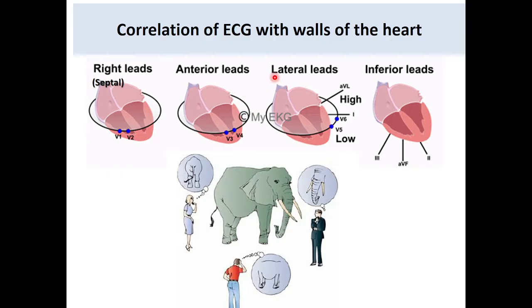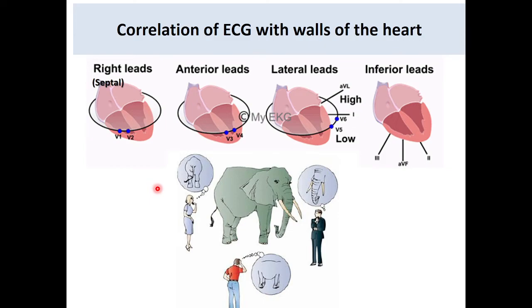Anterior leads look at the anterior wall of the heart, V3 and V4, while V1 and V2 are septal, or they are also called right leads or septal leads.